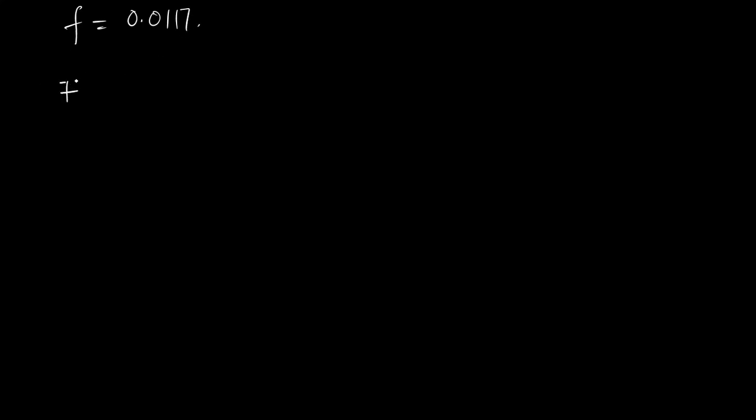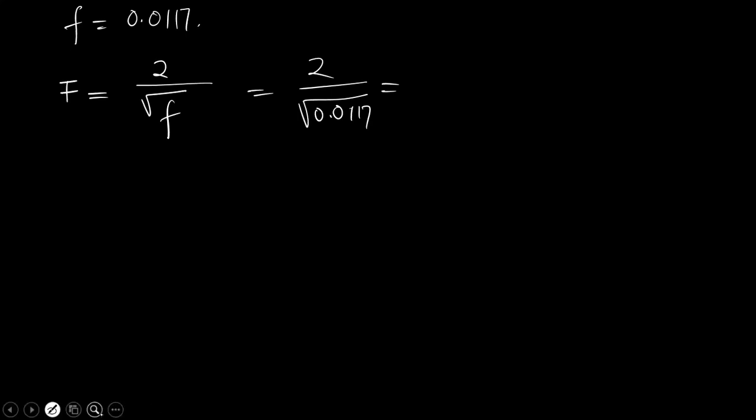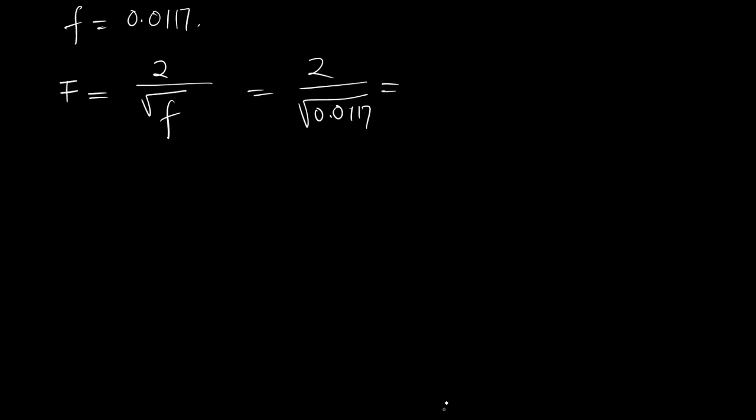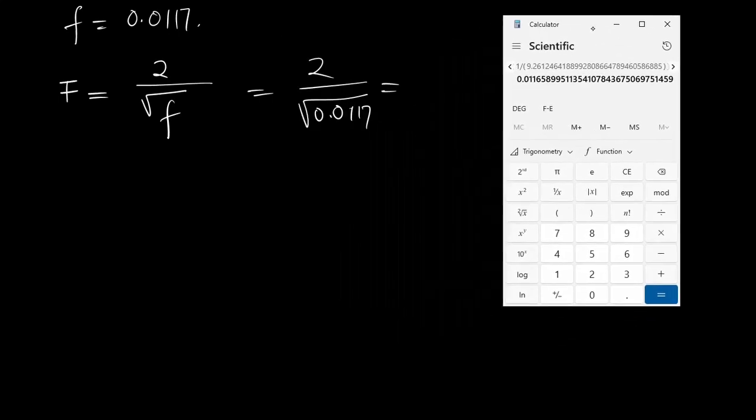So our transmission factor is equal to 2 all over the square root of f, which is 2 all over the square root of 0.0117. So this will give us what? Now let's go back to this expression.